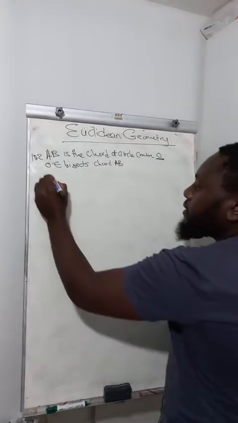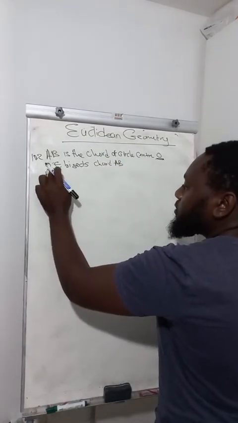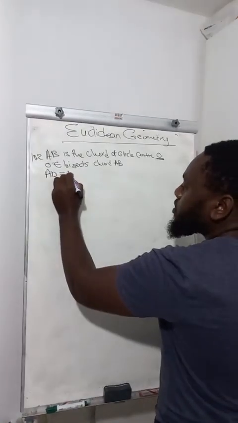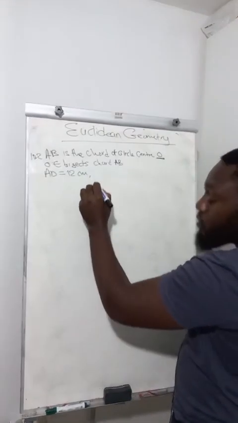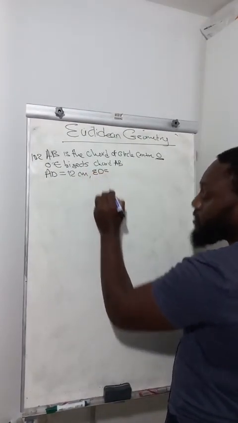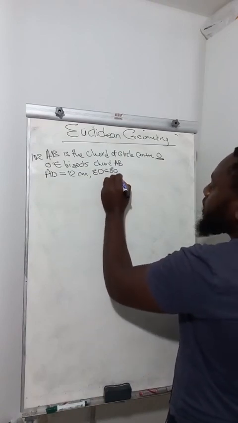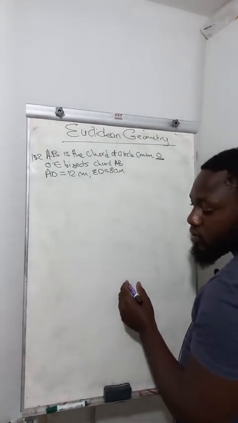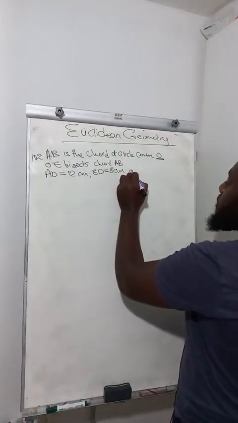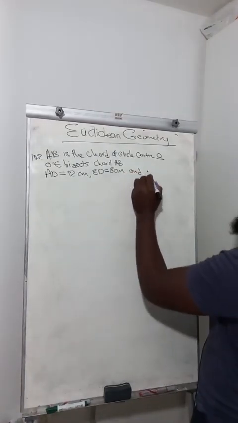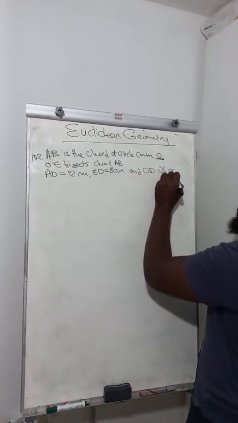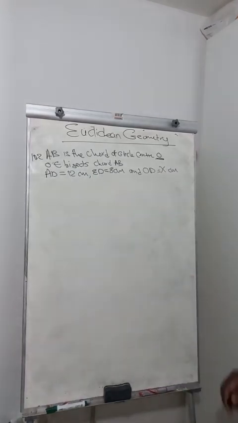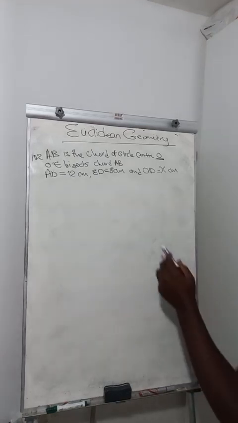And then AD is equal to 12 centimeters, and ED is equal to 8 centimeters, and OD is equal to X centimeters. So that's your given information.